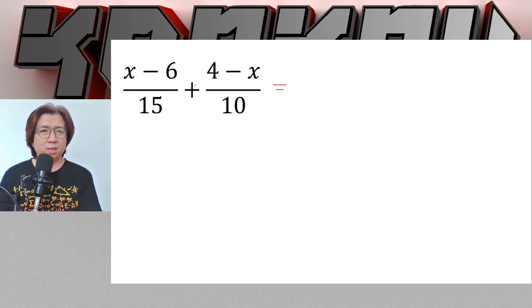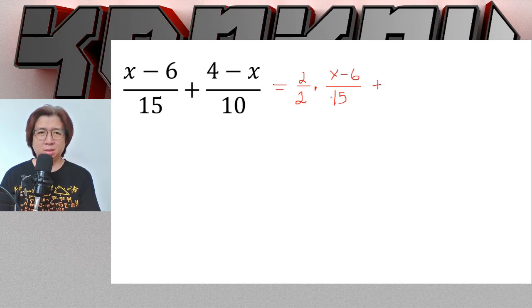So we have, okay, this is 15 and this is 10. So the least common multiple of 15 and 10 is what? 30. Very good. So I'm going to multiply it by 2 over 2 times x minus 6 over 15 plus.